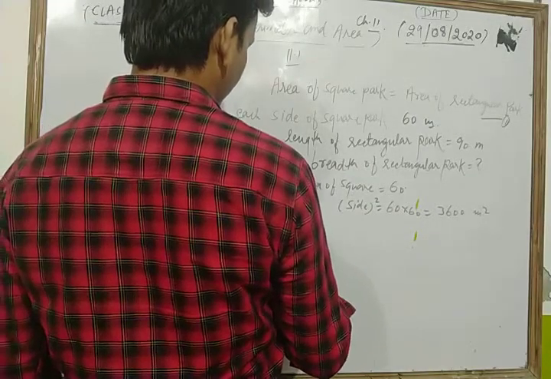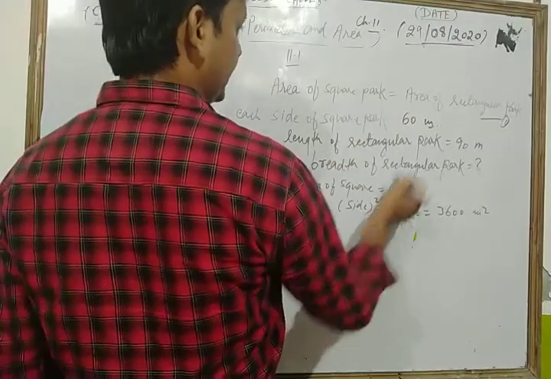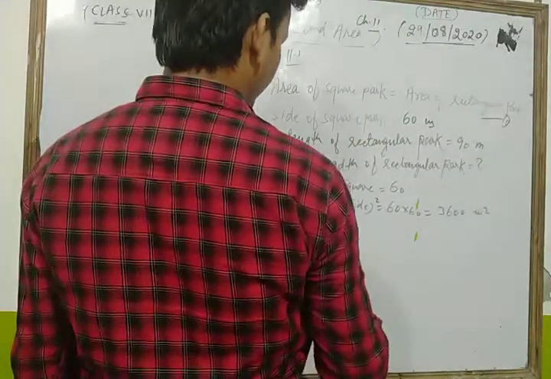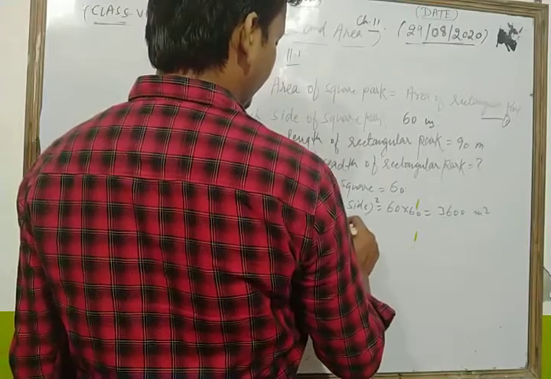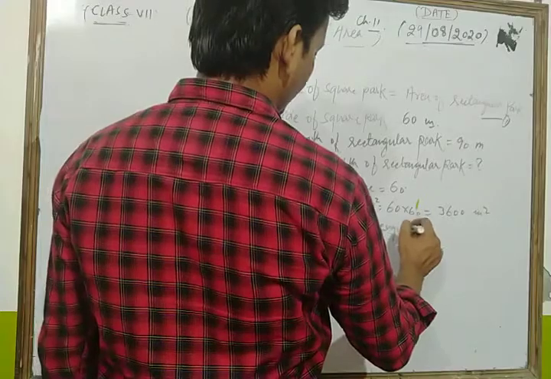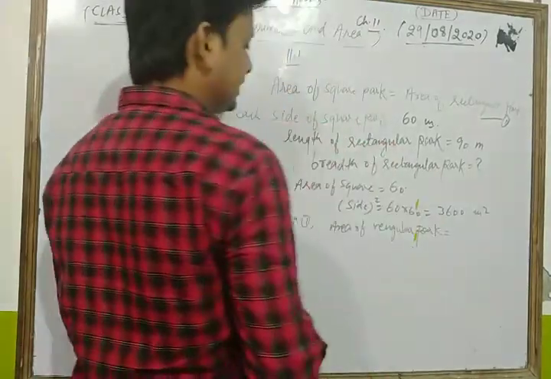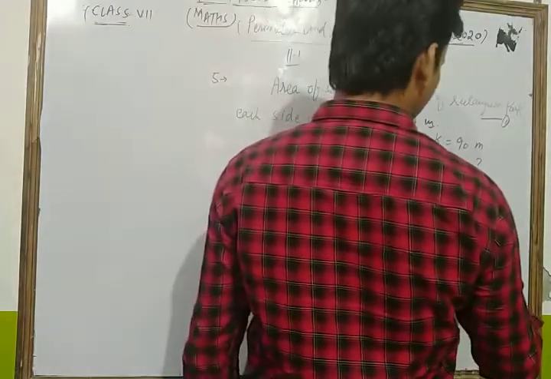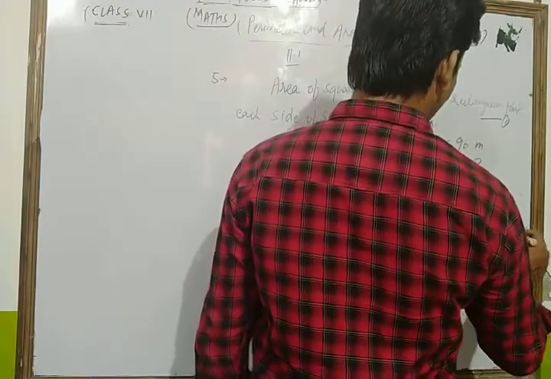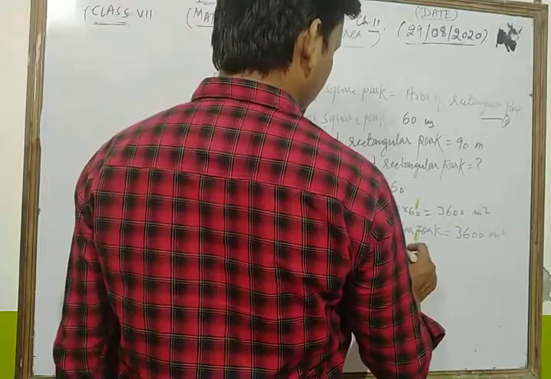So from equation 1, the area of the square park is the same as the area of the rectangular park. So the area of the rectangular park is also equal to 3600 meter square.